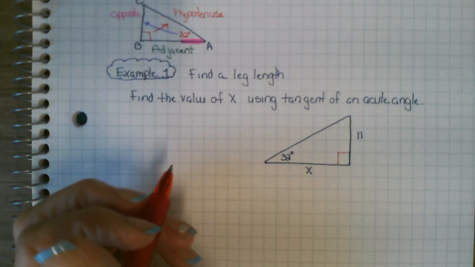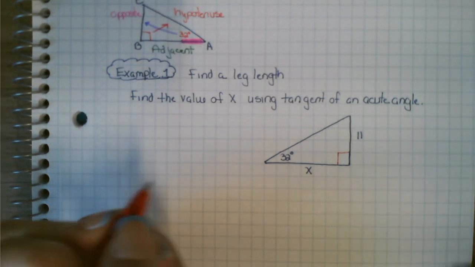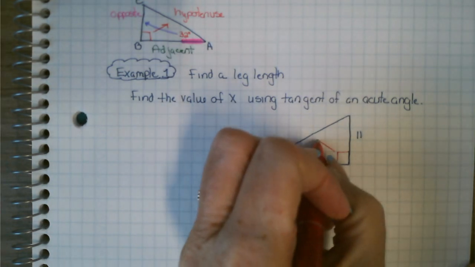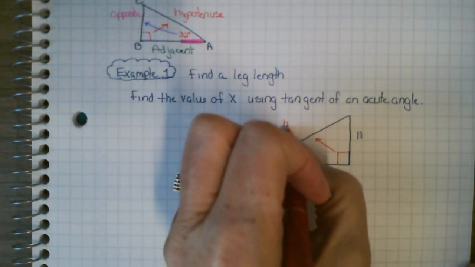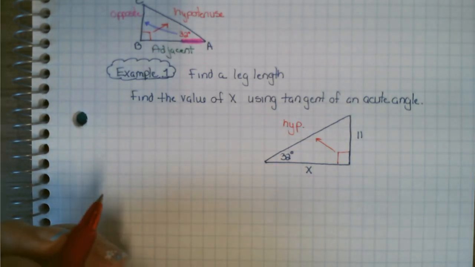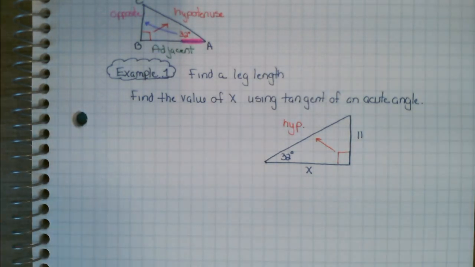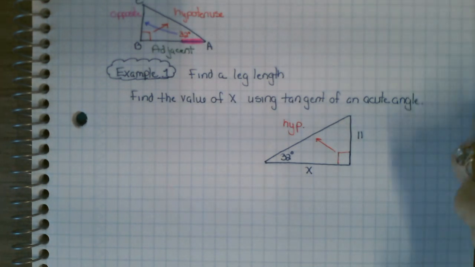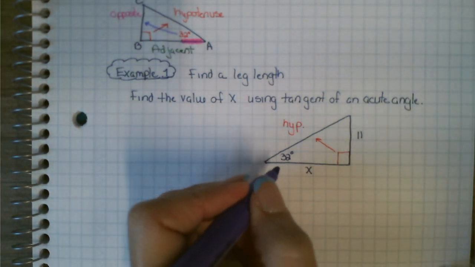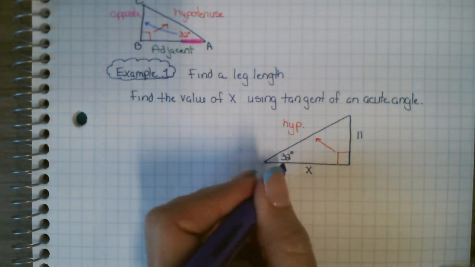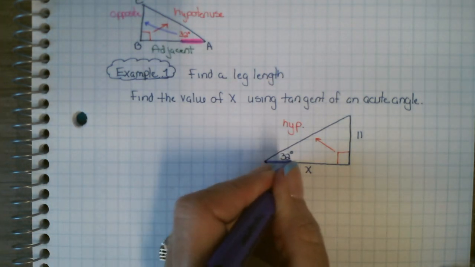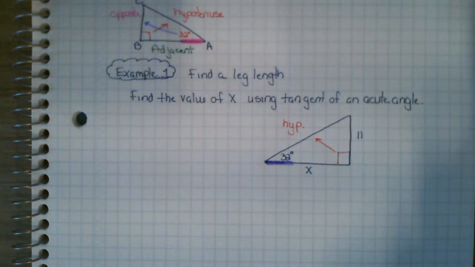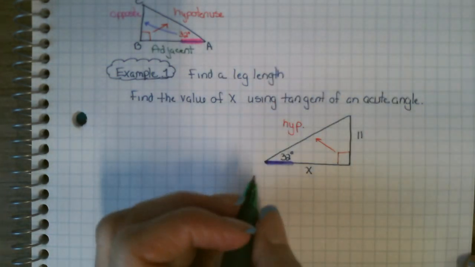All right? So the first thing I'm going to do is take my right angle, draw my arrow going across from it, and name it hypotenuse. I'm just going to say HPO because that's the abbreviation for hypotenuse. Then I'm going to look for my adjacent leg. Here's my 32, so I'm going to mark this in purple. That's right next to it, so that is my adjacent leg.